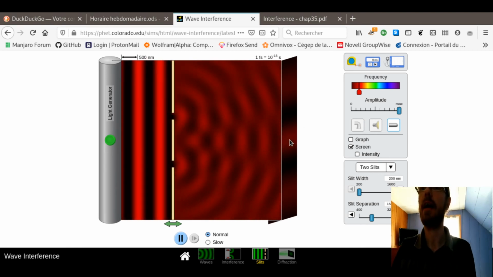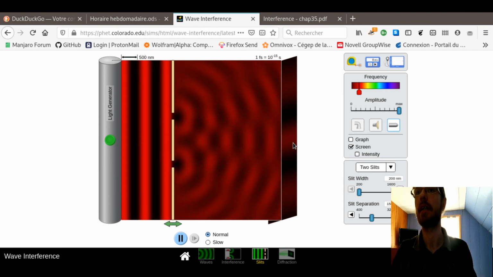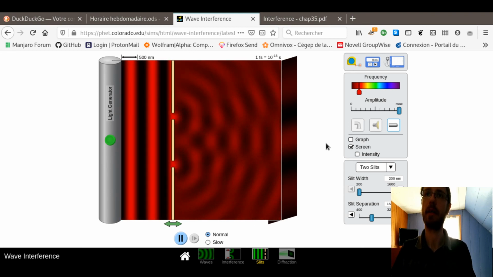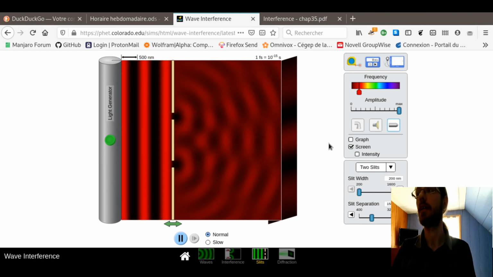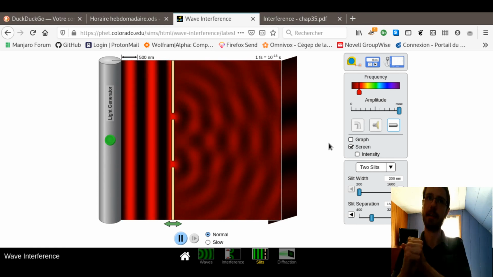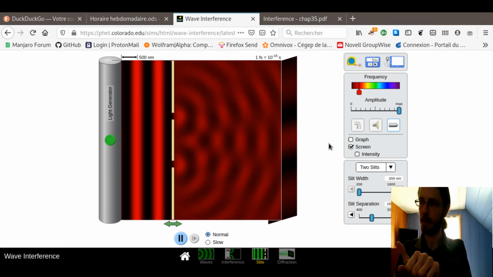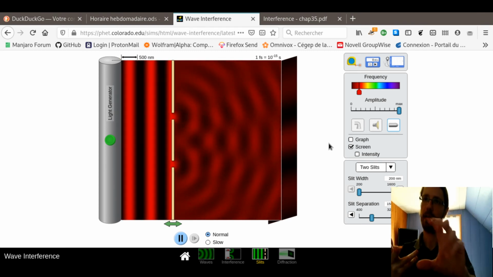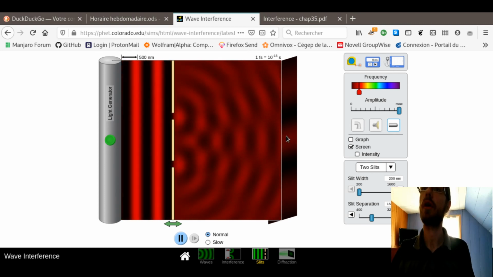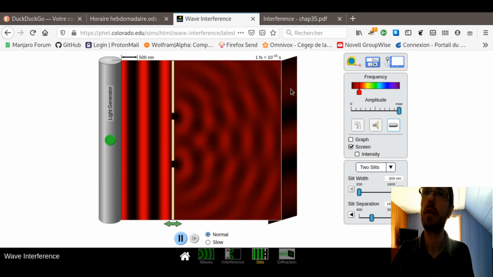We always have a bright fringe in the middle, since no matter what wavelength we send, we will always travel the same path here and interfere constructively. The others change a bit. The red light has a larger wavelength than green, and green has a larger wavelength than violet. The larger the wavelength, the more the bright fringes move outwards.